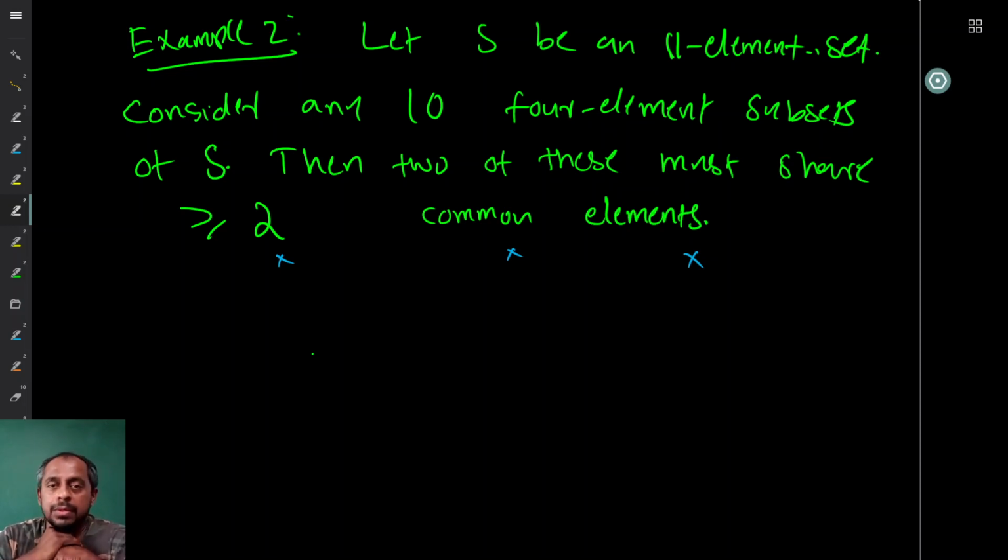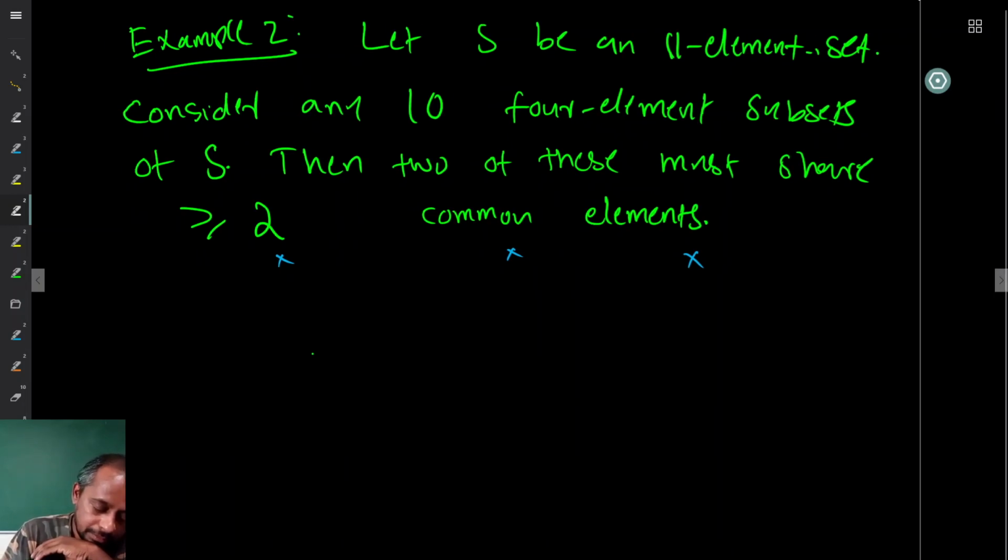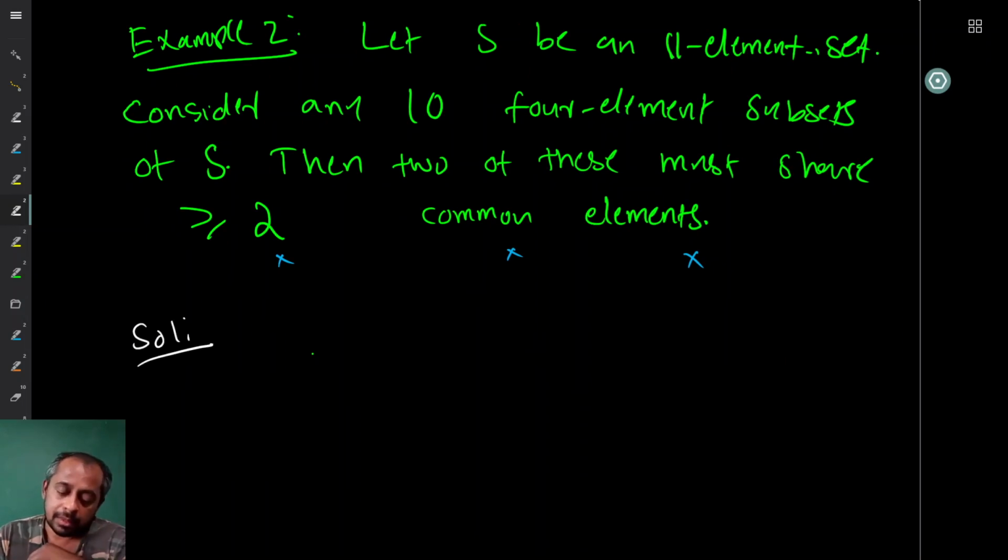So how do you show this? Again, if you like, please pause the video and think about it. Now, here is the solution. So we are talking about two of these sets having 2 or more elements in common.